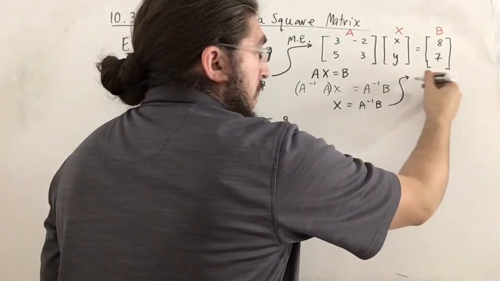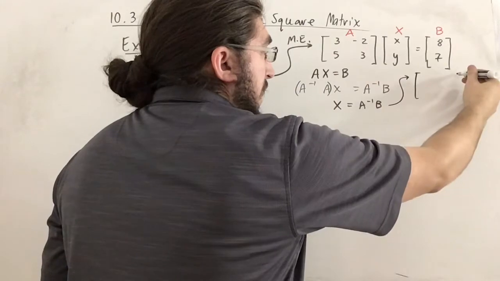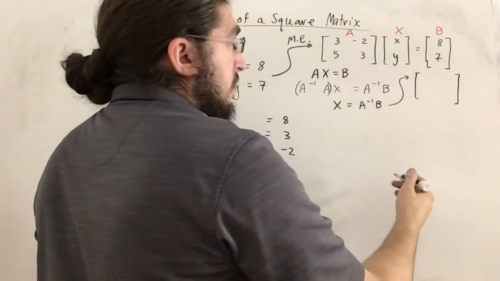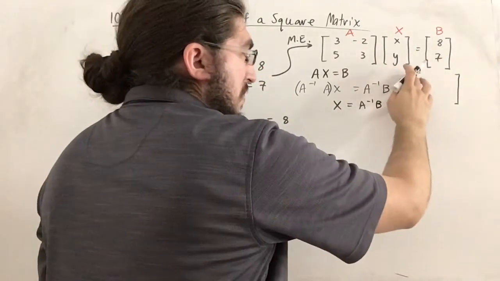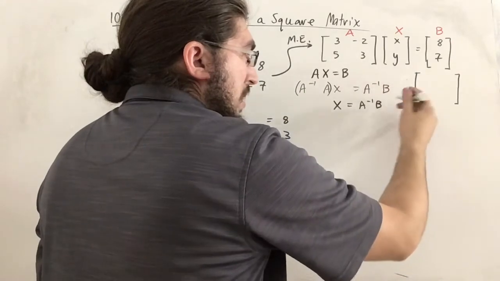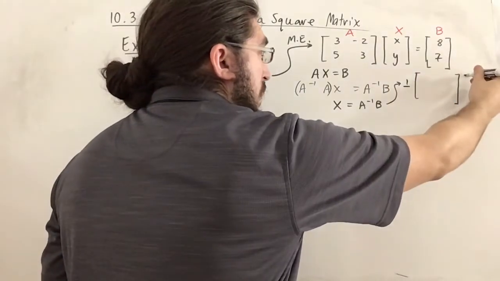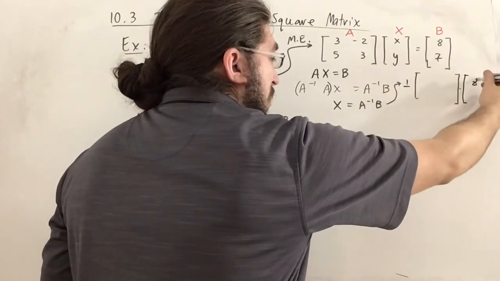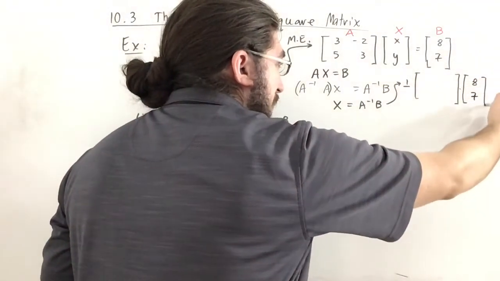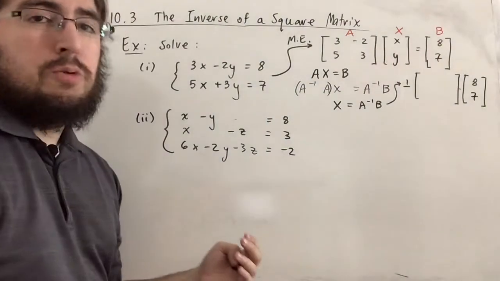So let me try to do that here. So I'm going to find the multiplicative inverse, but remember that we have to divide by the determinant. So let me just make some space here for 1 over something, and then we're going to multiply that result by B, which is 8, 7. I'm going to try to do this in the limited space I have, but I think it's doable.